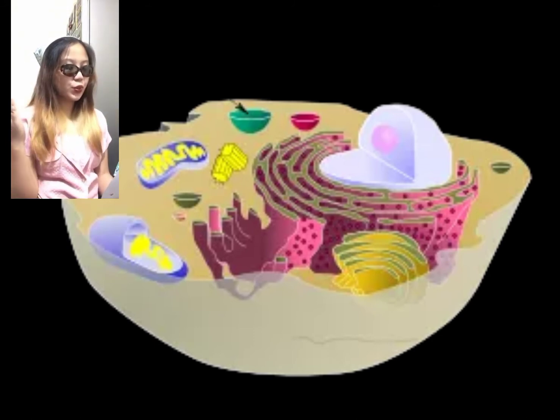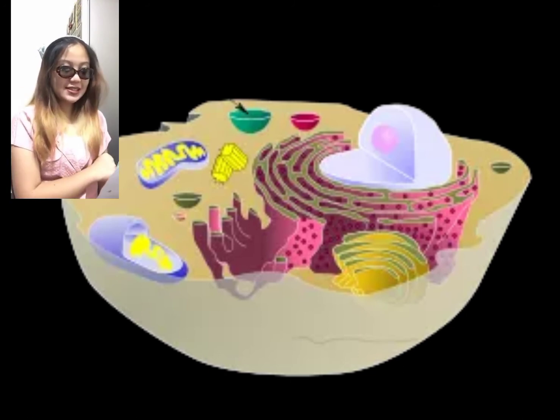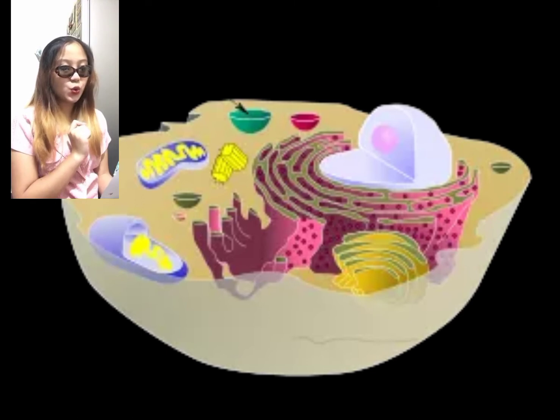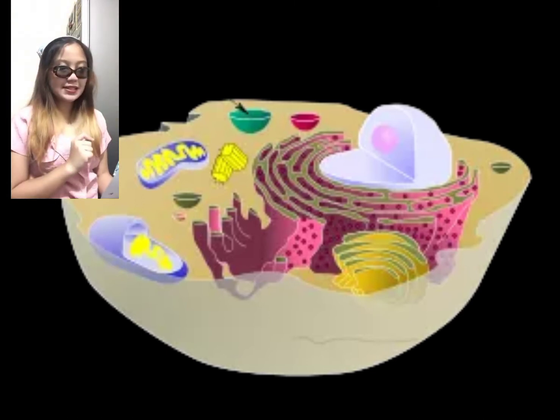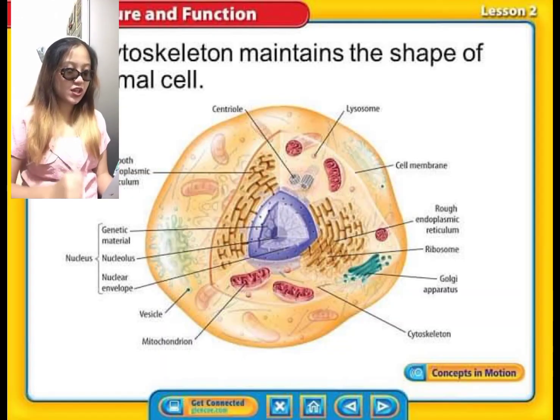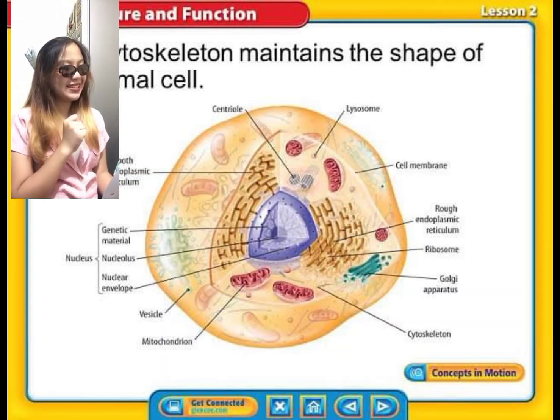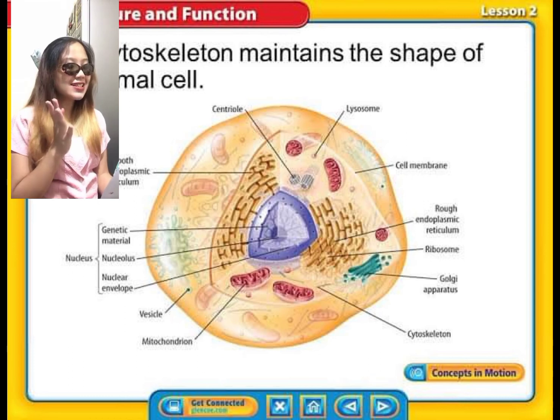A simple system of work is the vacuole's work. It is a membrane-bound organelle present inside the cell involved in maintaining shape and storing water, food, and waste. Now let's move on to our last organelle and its function. Our last organelle is called the cytoskeleton.